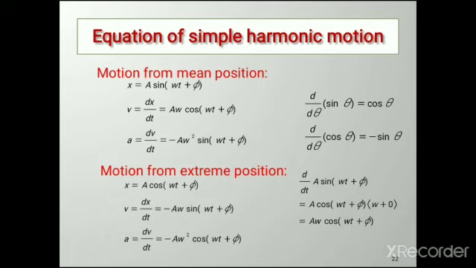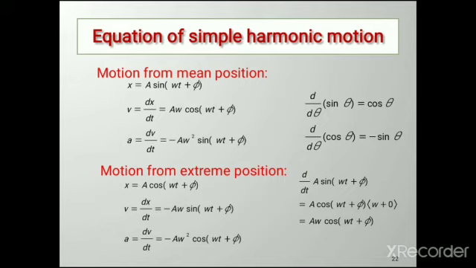For acceleration, one more time you have to differentiate the equation of velocity. So acceleration is equal to dv by dt is equal to minus a omega square sine omega t plus phi. Similarly, one can find out the equations for acceleration, velocity and displacement when object starts its motion from extreme position.